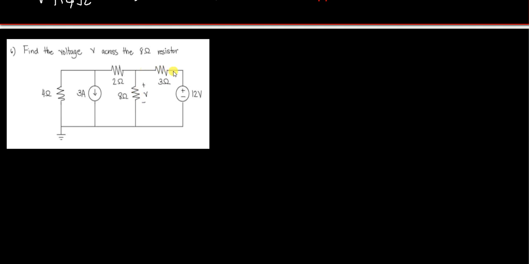Otherwise, you can still transform this Thévenin source into a Norton source and, at the end, find the current flowing through 8 ohms. As for me, I'm going to transform this Norton source into a Thévenin source, so that it will be easier for me to apply Millman at this junction.